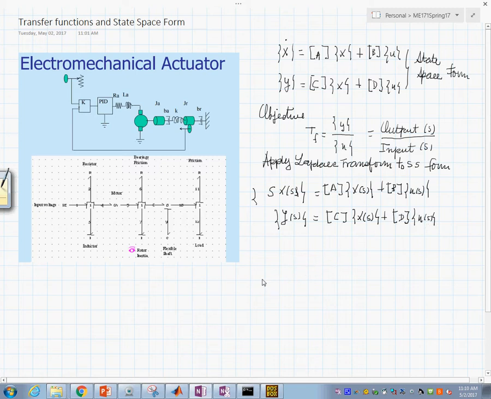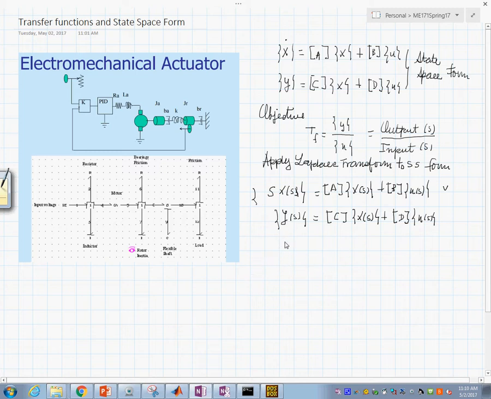So because we want the output, I think that we need to somehow get rid of x of s. So my idea would be, if you use this equation and we find an expression for x of s and substitute in the second one, let's see where we go.